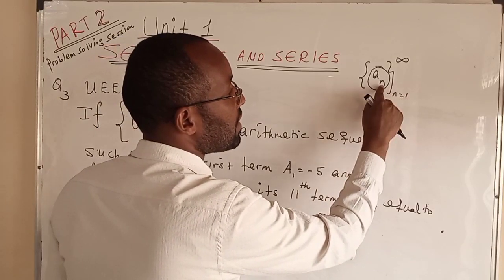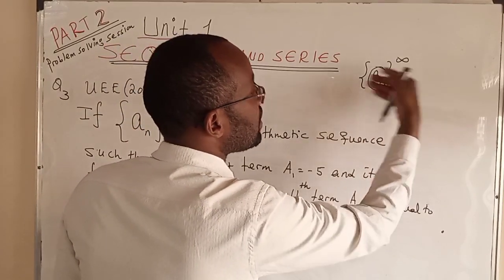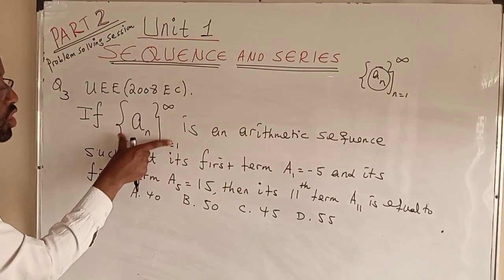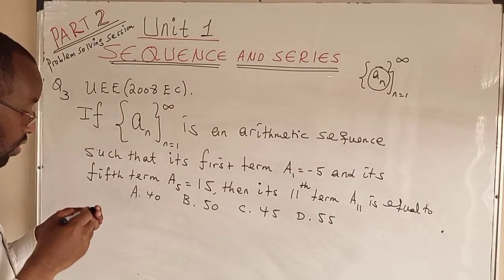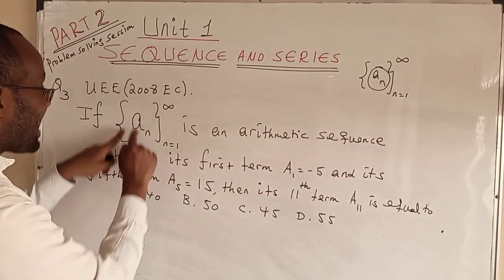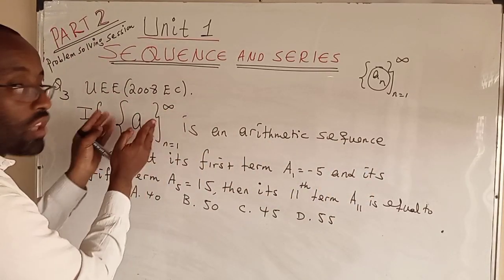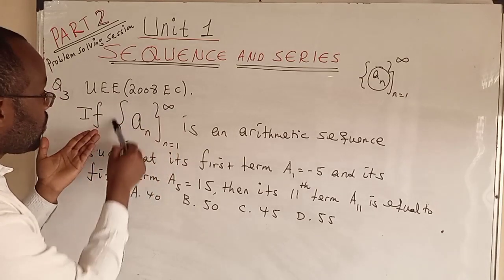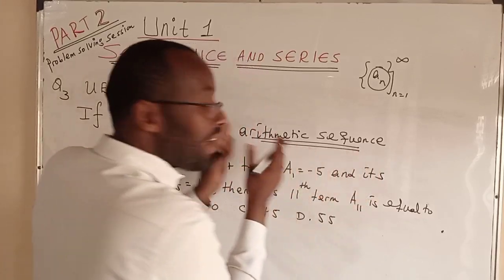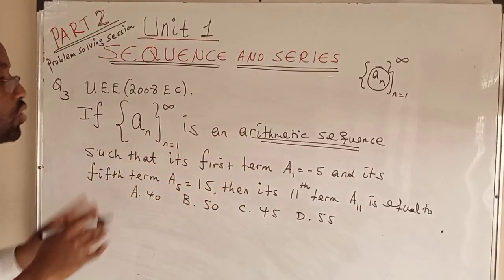So this is a representation of a sequence. So if this is an arithmetic sequence, there is a common difference between any two consecutive terms.